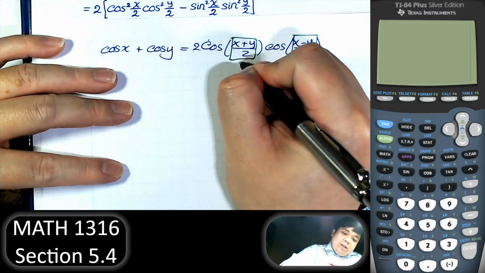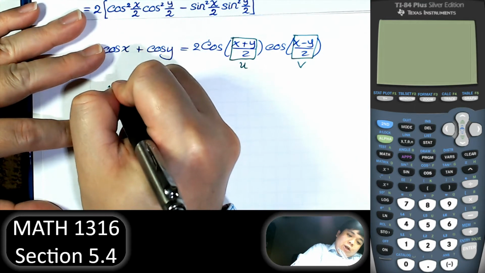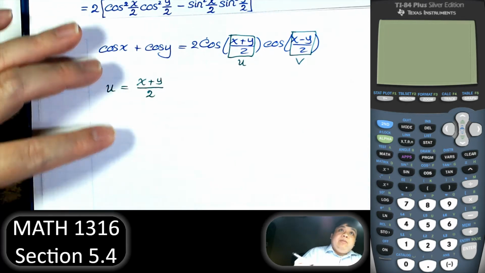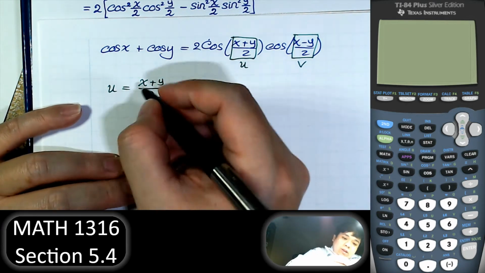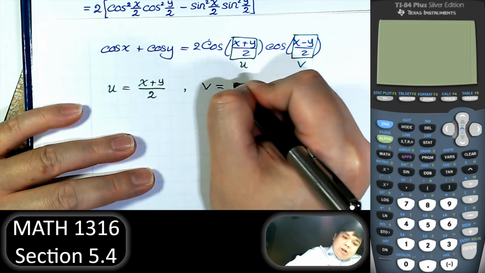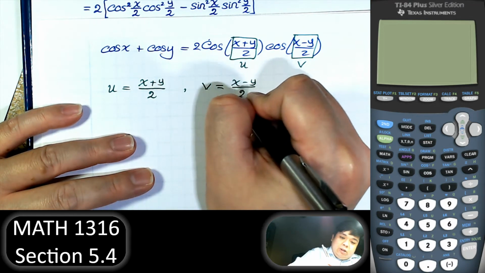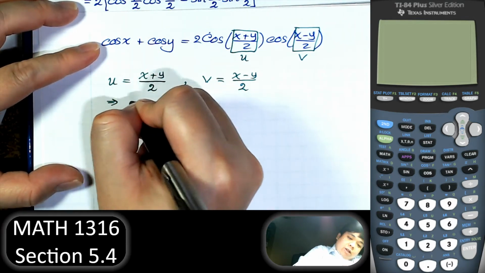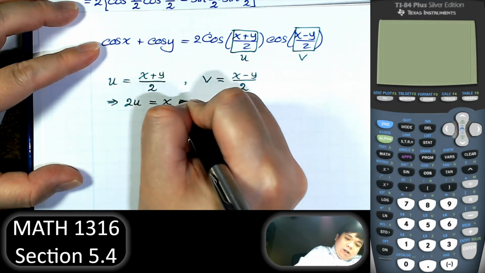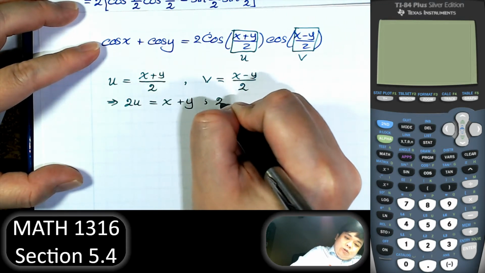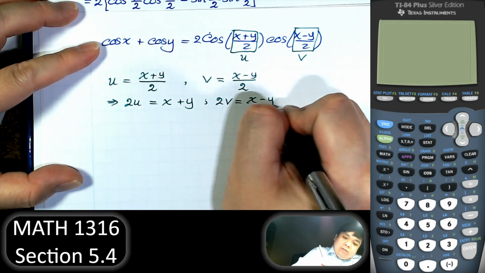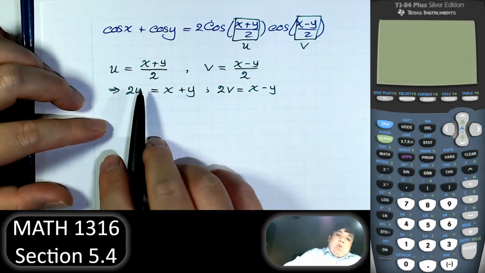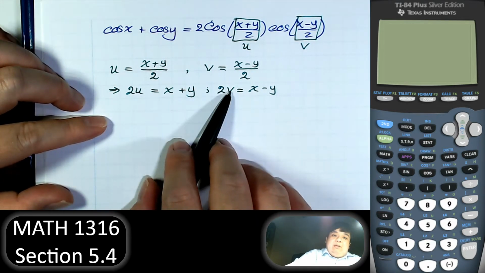So if u is equal to x plus y divided by 2, and v is equal to x minus y divided by 2, let's cross multiply, and we have 2u is x plus y and 2v is x minus y. How did that help? Well, not there yet, but what I do is I'm going to solve for u and v.